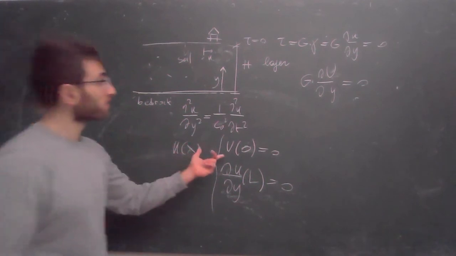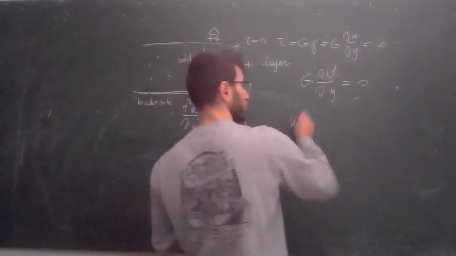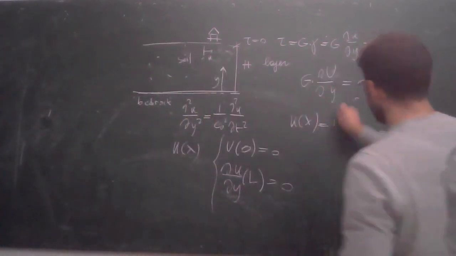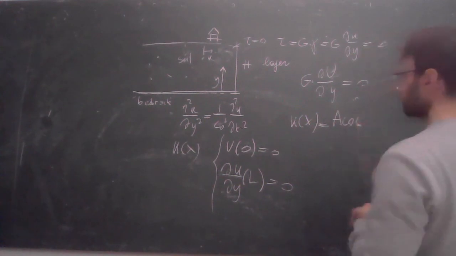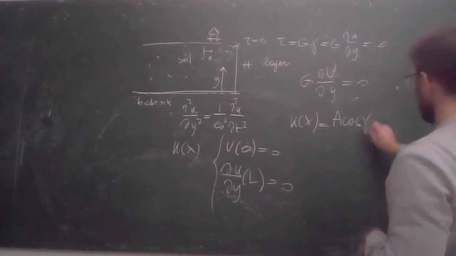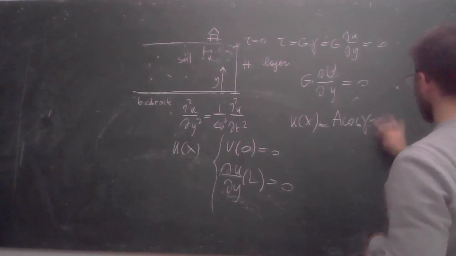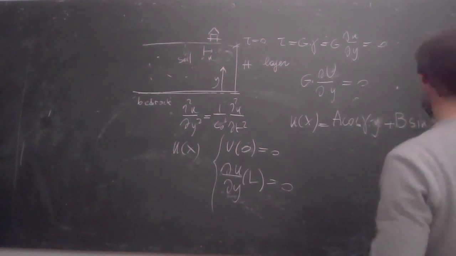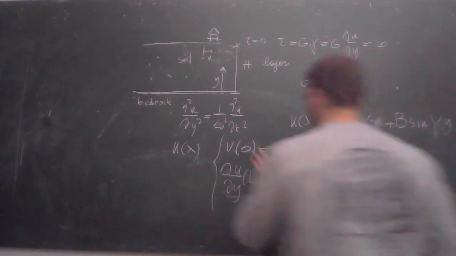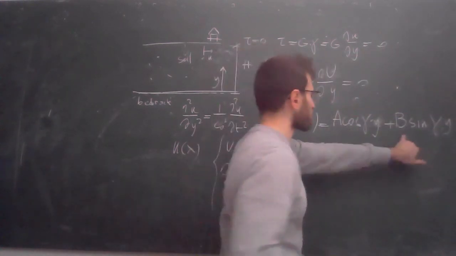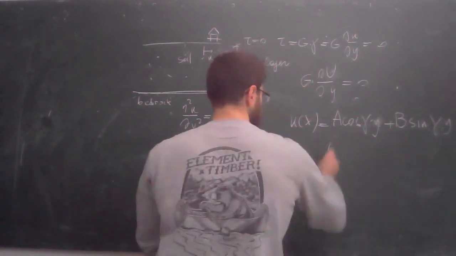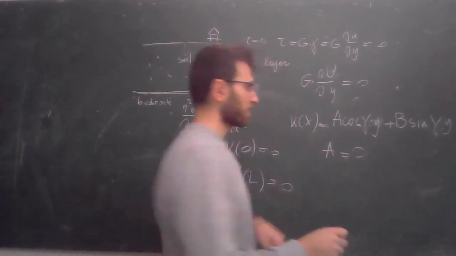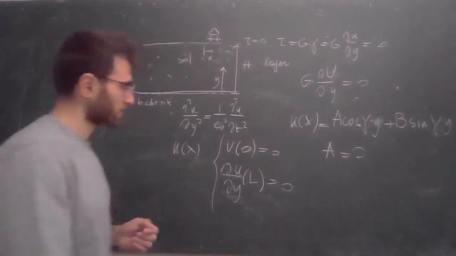The solution is the same: u is a cosine of gamma y plus b sine of gamma y. At 0, the sine is 0, so we have a equal to 0, as we had in the fixed string.